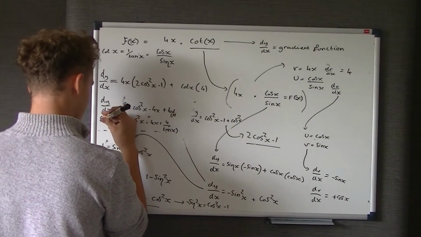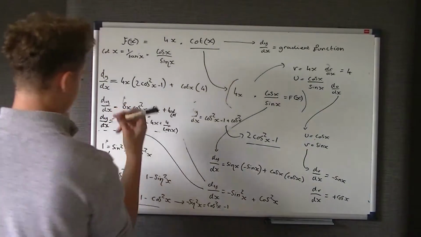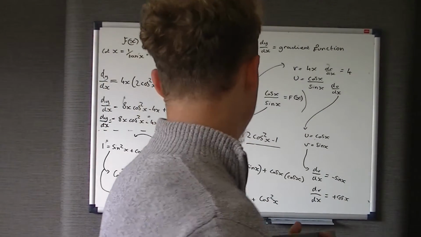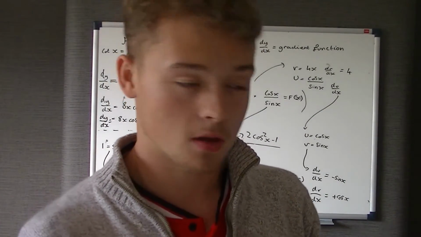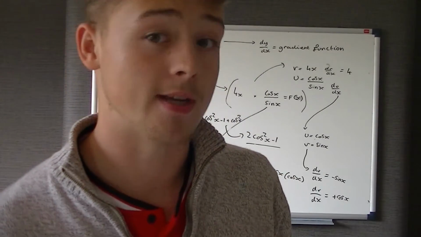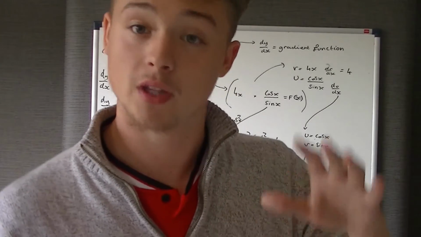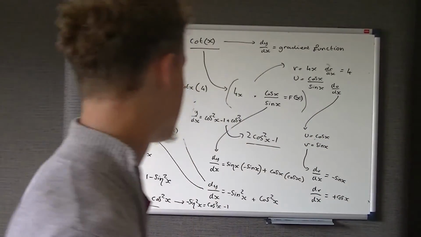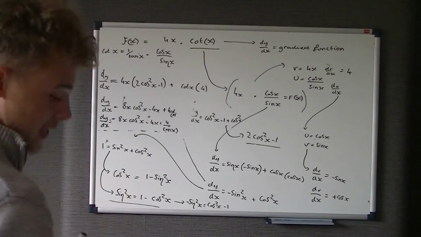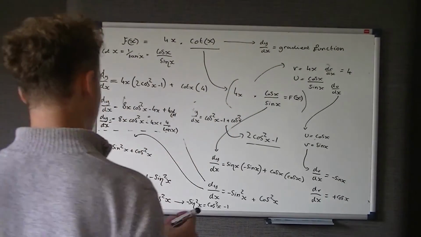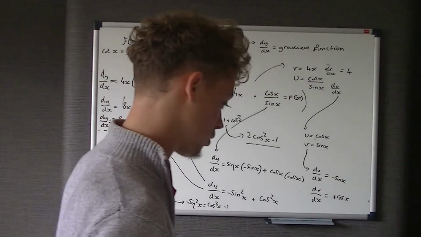I was thinking, find the point on the curve where the gradient is 0. What we're actually finding is the gradient on the curve when x is 0. So all we're essentially doing now for that dy by dx is putting x equals 0 into that equation.